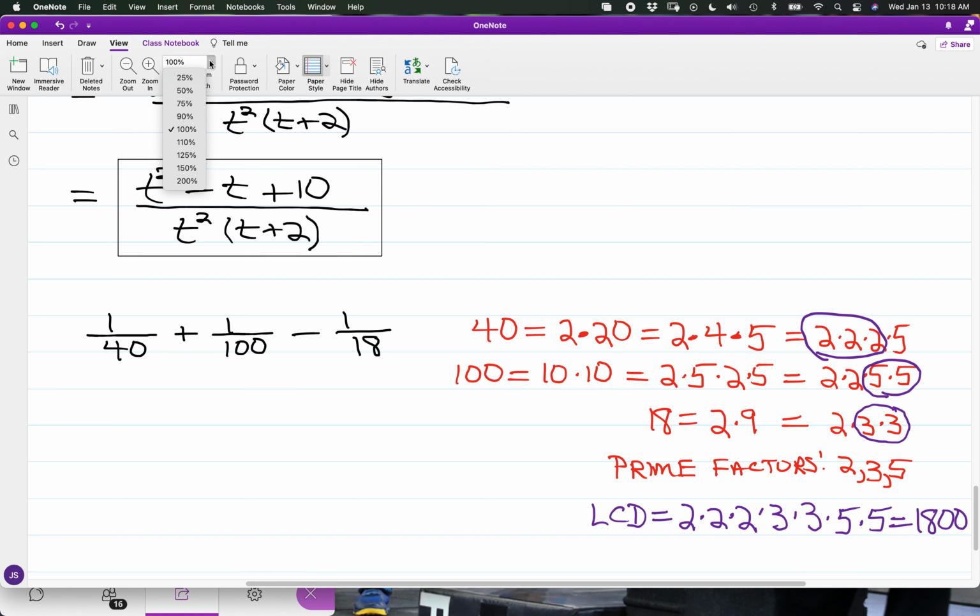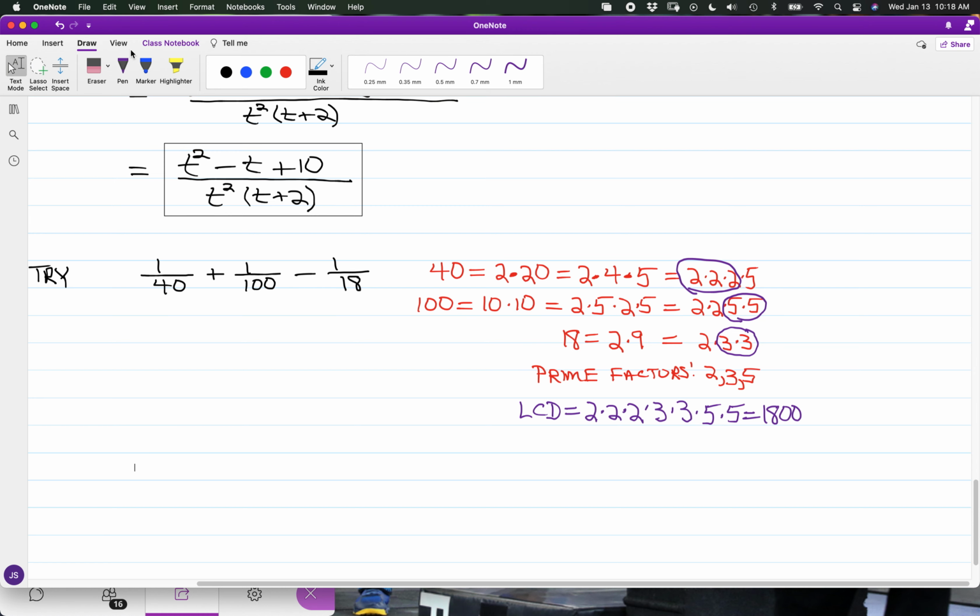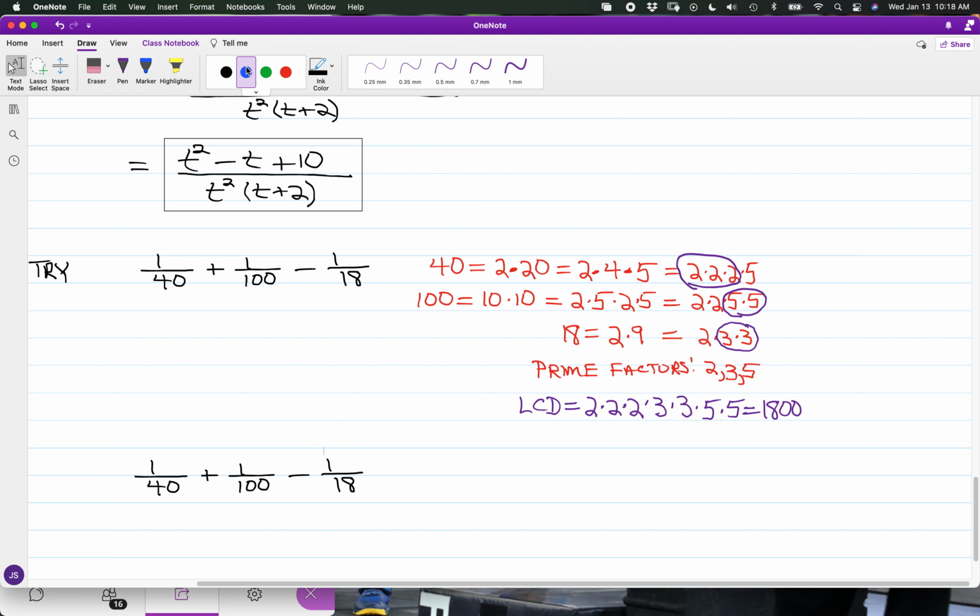So upon consolidating the numbers, I have 1 over 40. Writing this in terms of the least common denominator, 40 will go into 1,800 45 times.